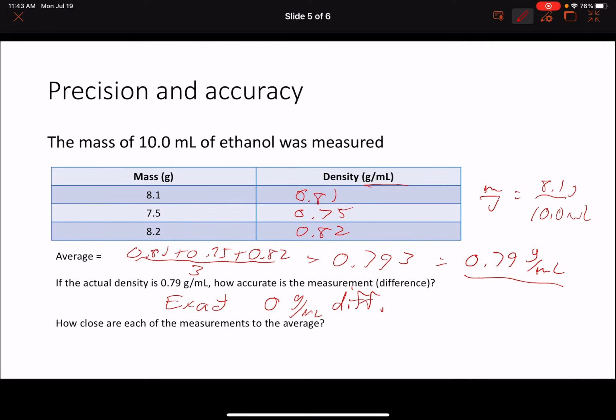And then we want to look at how close each of the measurements is to the average. So this is accuracy, and this is precision. The first one is 0.02 away. So what I should do is say 0.81 minus 0.79.